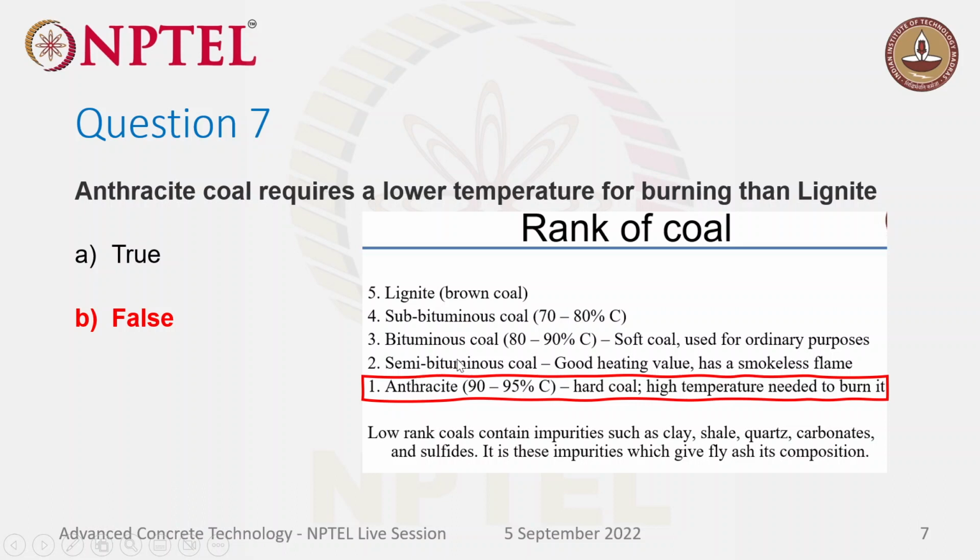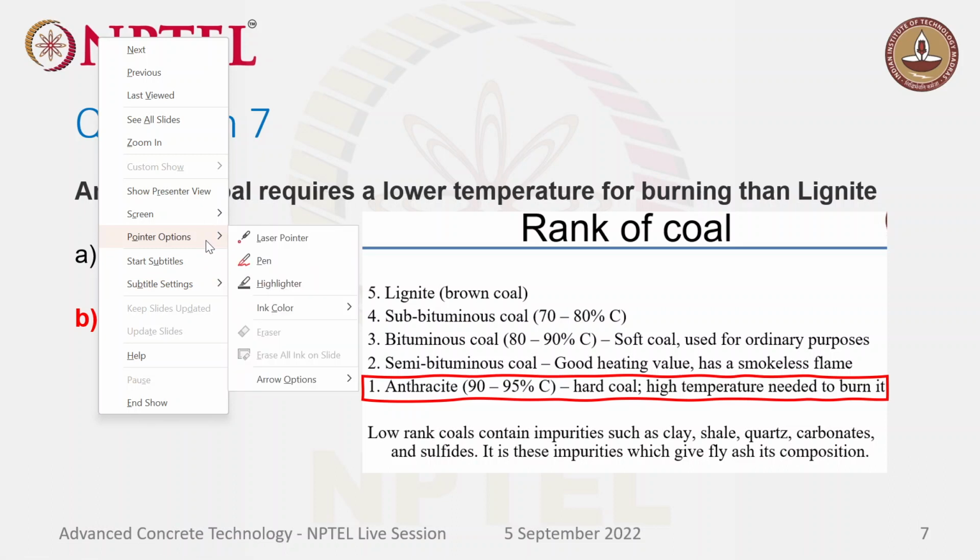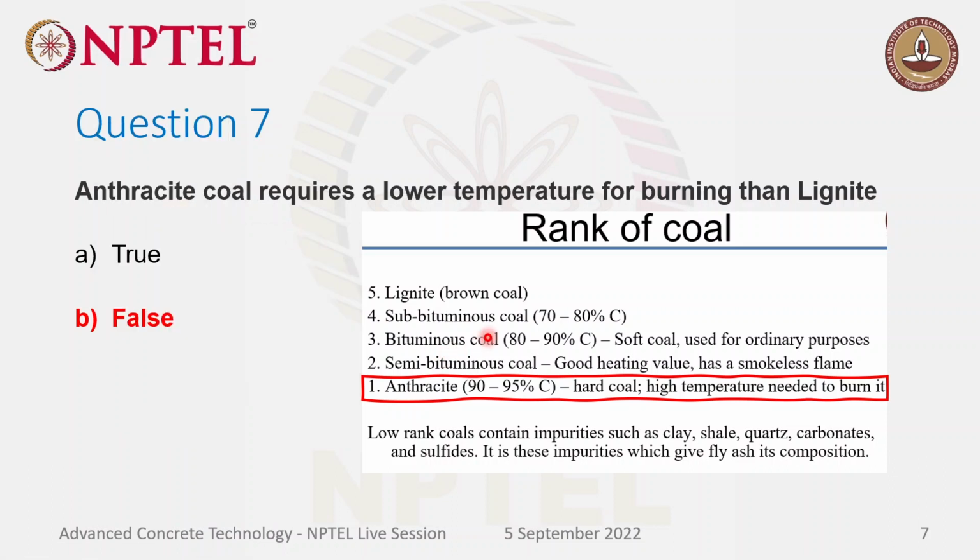Semi-bituminous coal will have somewhat less than 90%, and bituminous coal has 80 to 90% carbon, and then sub-bituminous coal has 70 to 80% carbon, and then lignite has more impurities compared to bituminous and anthracite coal.